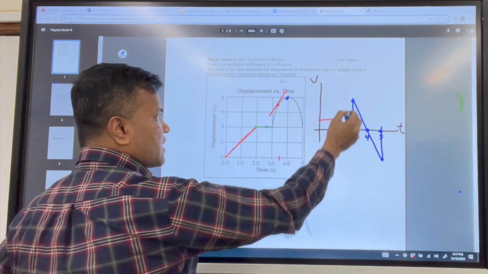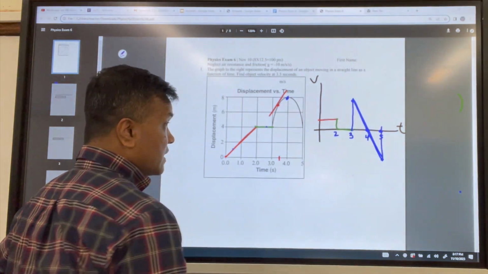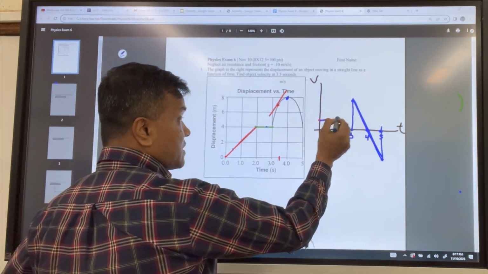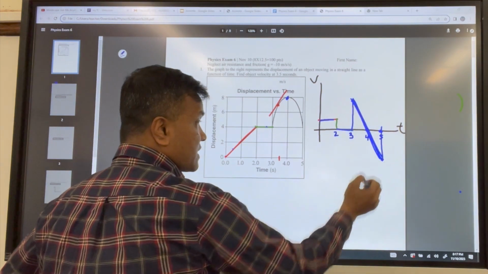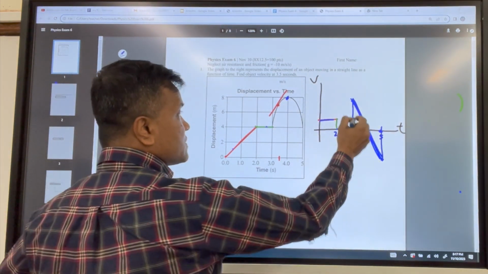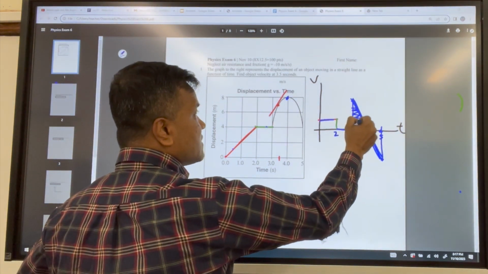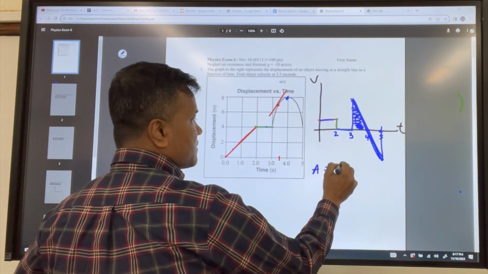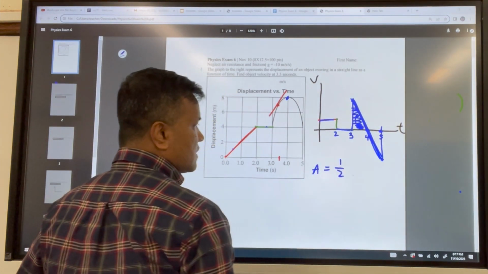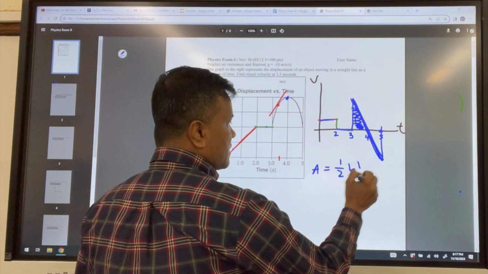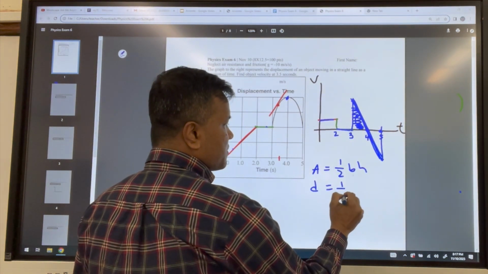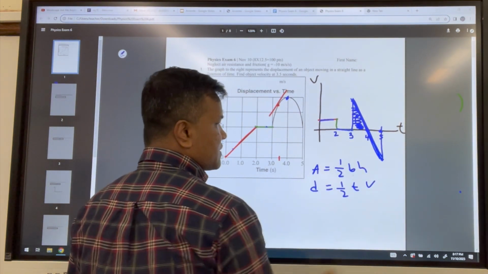Now we want to find the slope of this one, and that would be acceleration. Acceleration is 0 here, acceleration is 0 here. Now we want to find the acceleration over here. We know this is area, so area is half b h because this is a triangle, and area is displacement, b is time, and h is velocity.